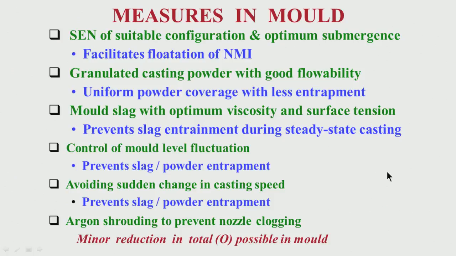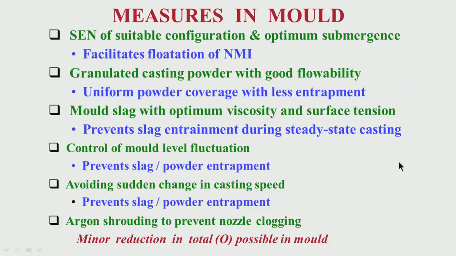Then a small amount of cleanliness enhancement we can do in the mold also if we take a lot of care: if we do not allow any entrainment of liquid slag, if we use argon at the desirable flow so that there is no air ingress, if we do not allow too much change in casting speed, and too much turbulence. If you take all these measures, then some enhanced cleanliness is also possible in the mold.